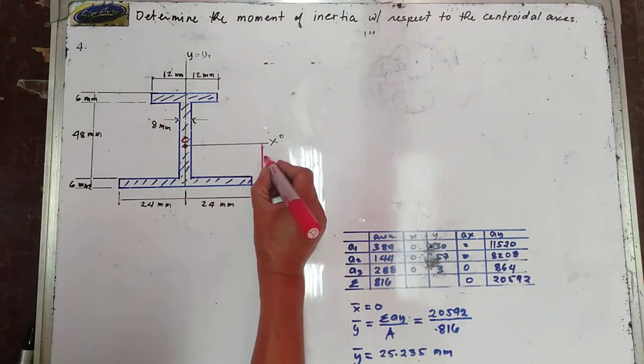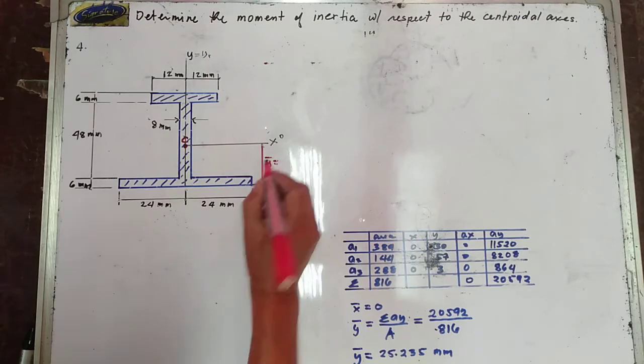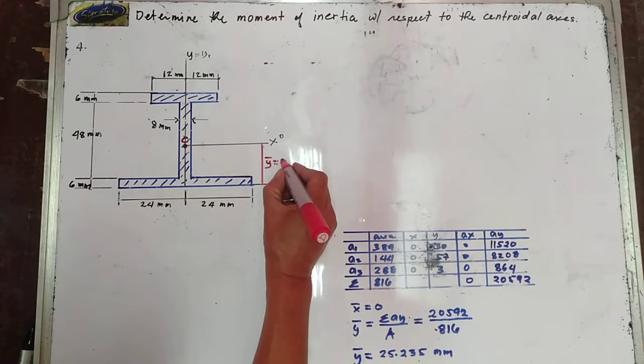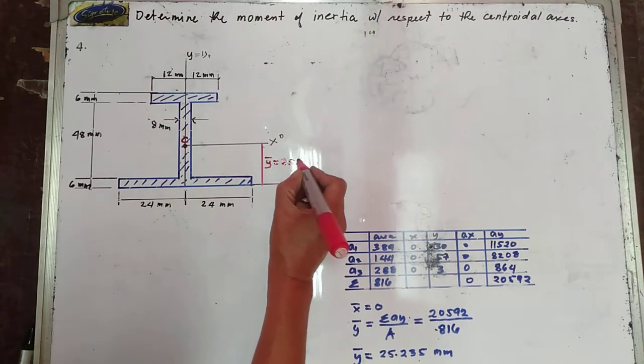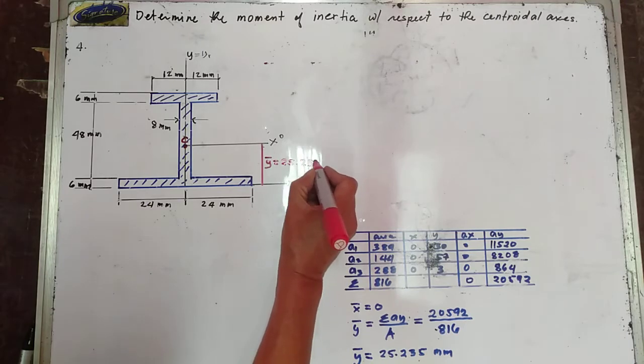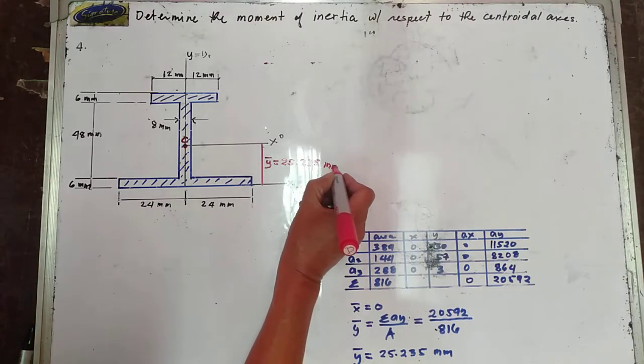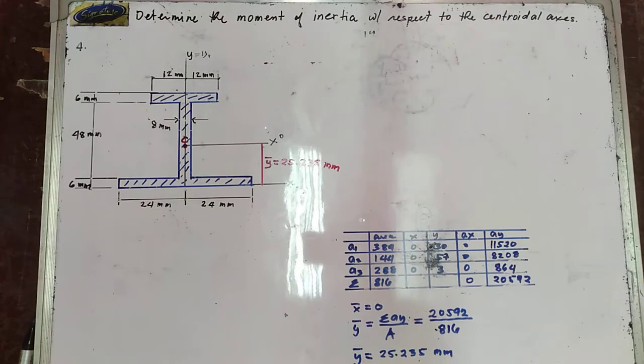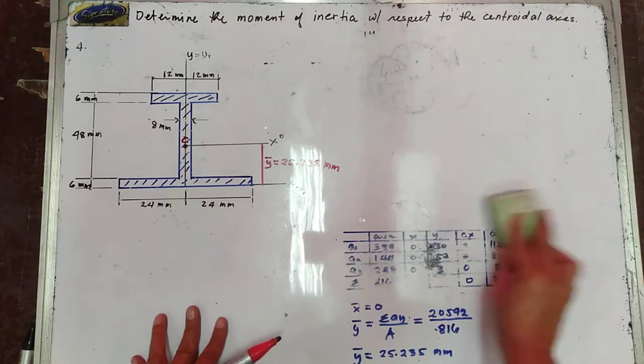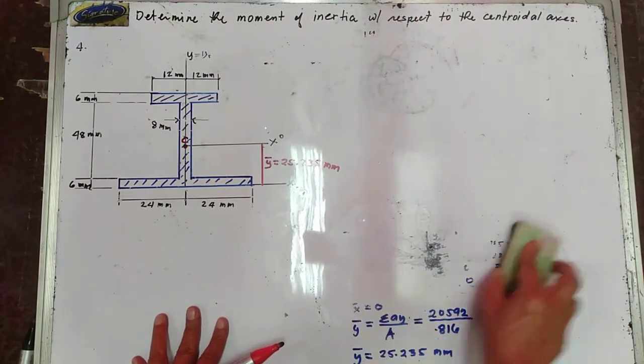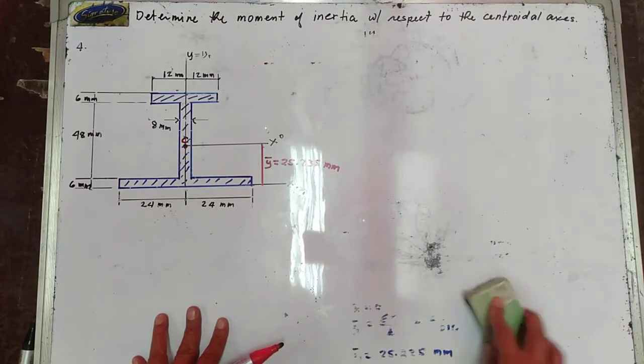So your bar y is equal to 25.235 millimeter.